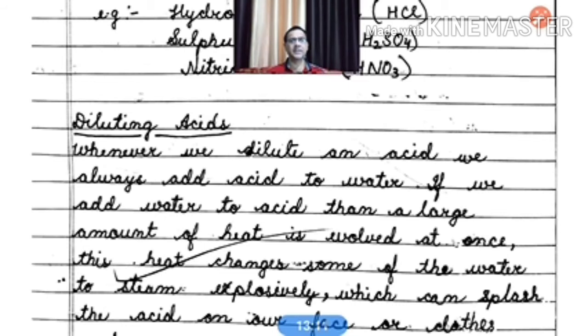Concentrated acids are almost 98% acid and only 2% water. In most experiments we use concentrated acids, and in many experiments we use dilute acids. Dilute acid means about 10% acid and 90% water.